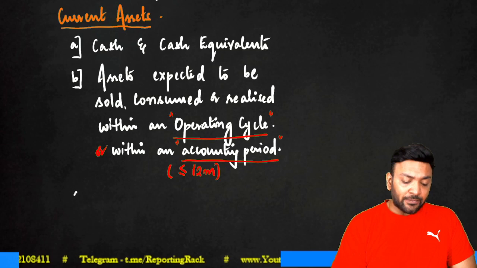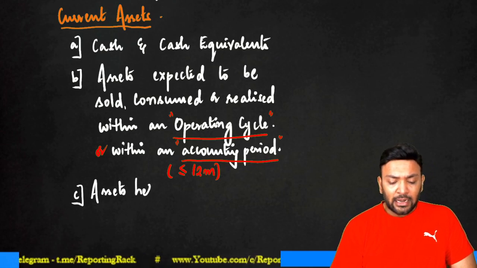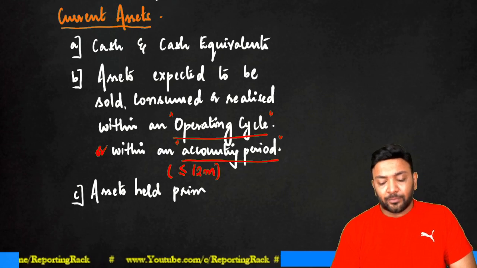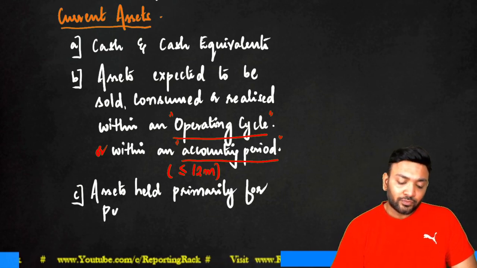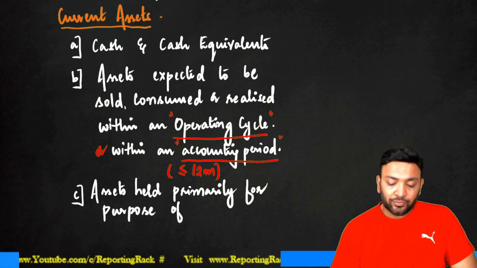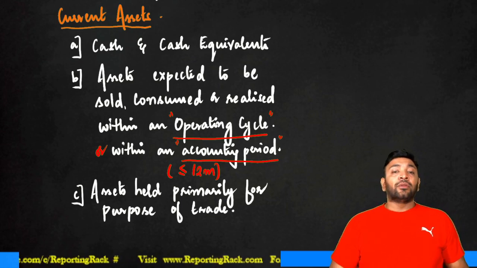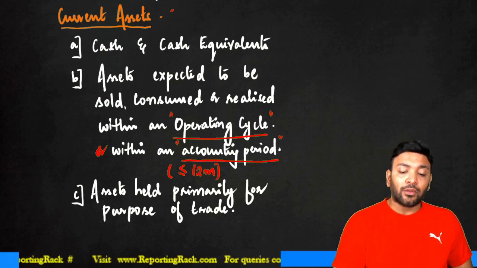The third definition, or third part of inclusion, is assets held primarily for the purpose of trade. This is the definition of current asset as per Ind AS 1.